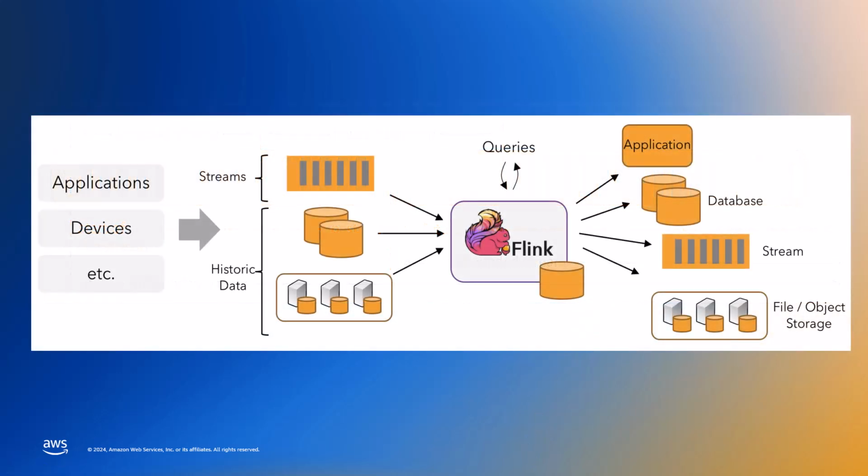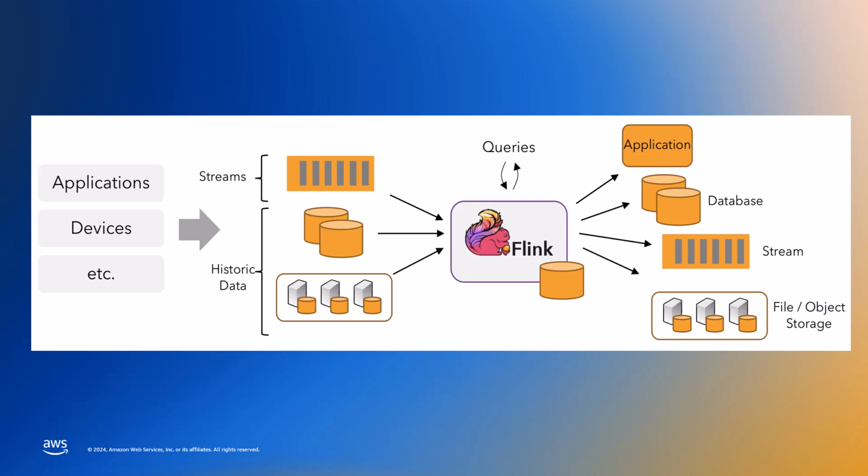So let's look at how an Apache Flink application works and where it sits. Typically, the data from your applications, such as devices or logs or tables, could be in two forms. One is stream, which is a continuous form of data, and another is static data, which is sitting on a table or a file system. Flink can operate on both sets of data at the same time.